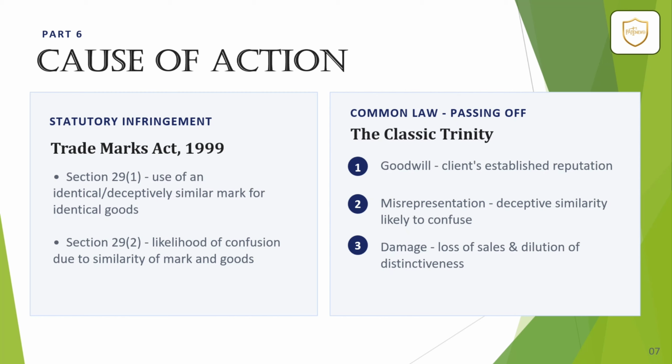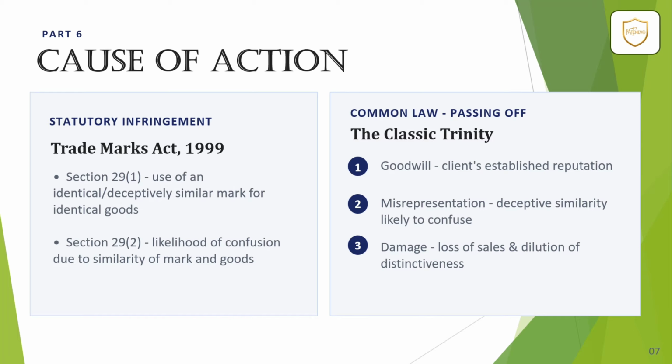Because remember, the classical Trinity from the Reckitt and Colman case gives the classical Trinity of goodwill, misrepresentation, and damages. Goodwill, that our client has built a real reputation in the Sonora mark. Misrepresentation, that the infringer's use is deceptively similar and is likely to cause confusion. And damages, that our client is losing sales and the distinctiveness of its mark is being diluted.